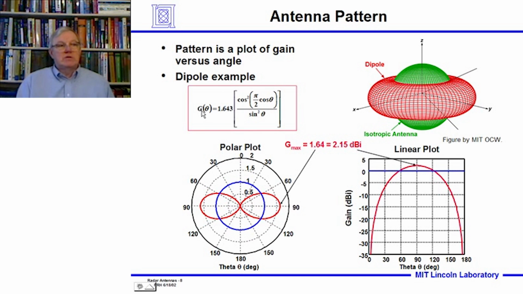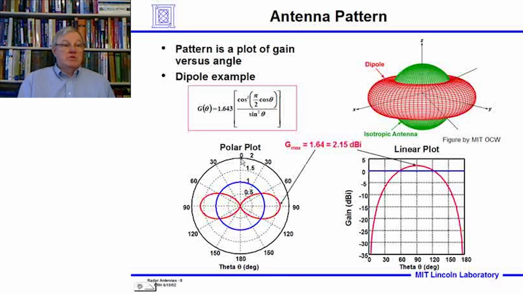The exact equation for the gain of the dipole is a trigonometric and algebraic expression that's a little complicated. But here we see in green the isotropic antenna, and in red the gain pattern of a dipole. The dipole is located on the z-axis, up and down, again a quarter wavelength up and a quarter wavelength down. And there are a couple of ways we plot gain.